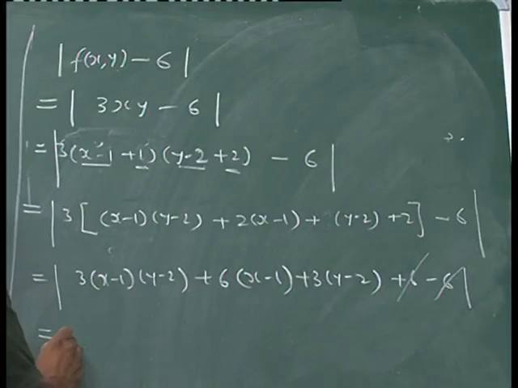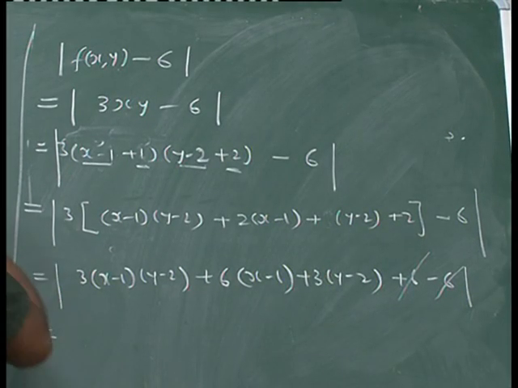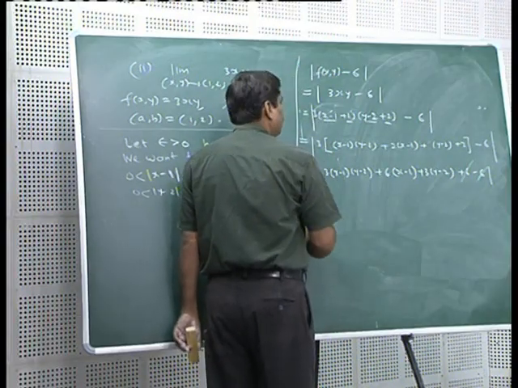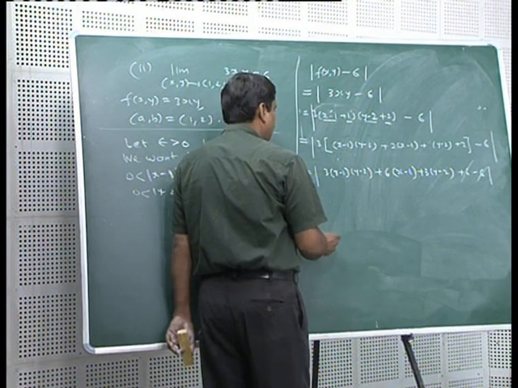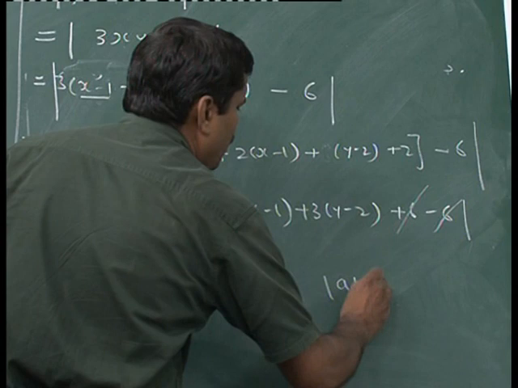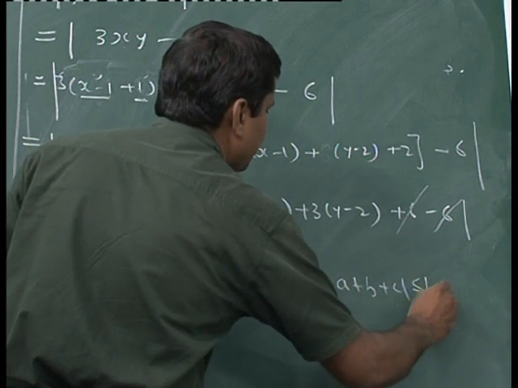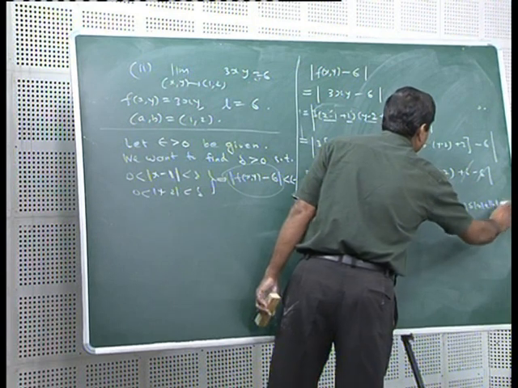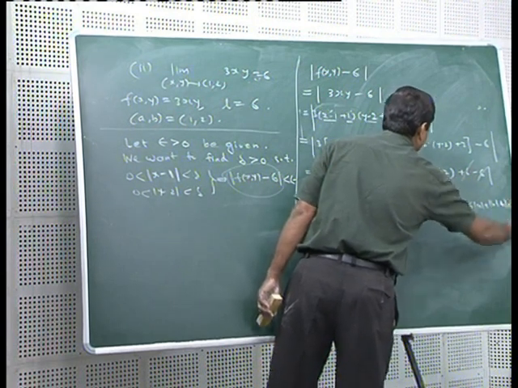Now, the triangle inequality can be applied not only for two numbers, but for any number of terms: |a + b + c| is less than or equal to |a| + |b| + |c|.